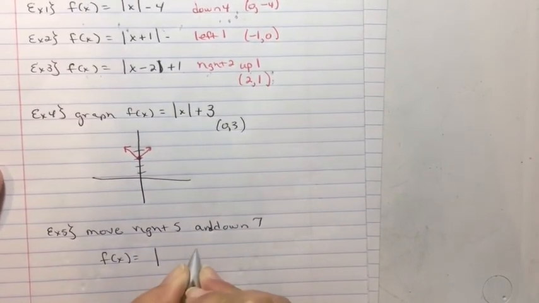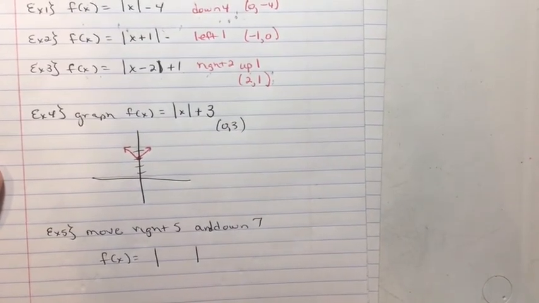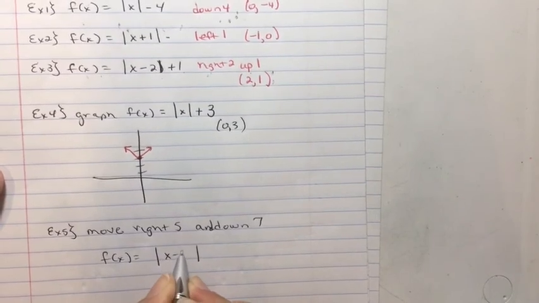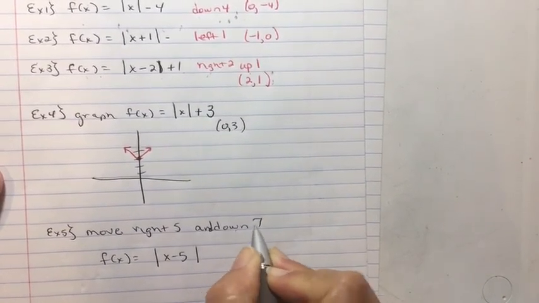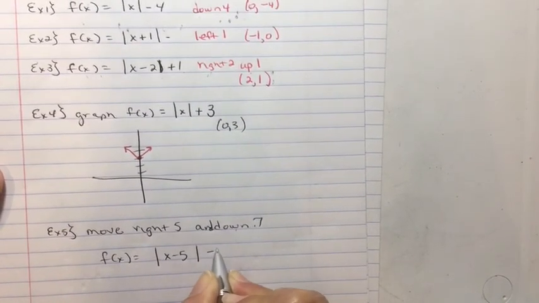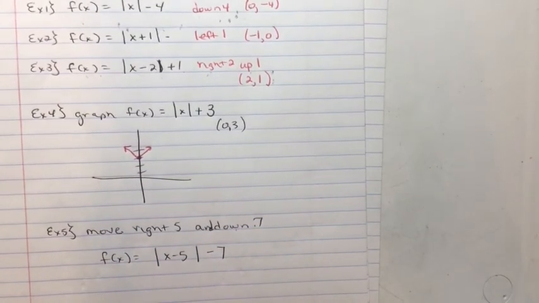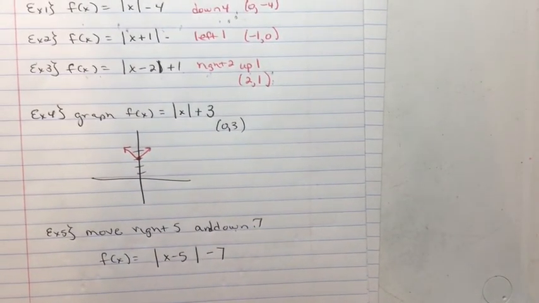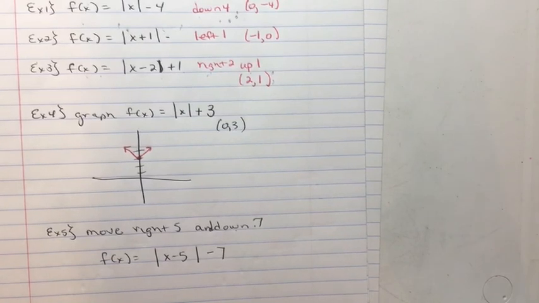Right or left moves in the absolute value kind of opposite of what you would think. This would be x minus 5, and then down 7, that's outside, down 7. And that's basically what you're going to do on the assignment. Please do the assignment and then check your answers before you put them in the Google form.